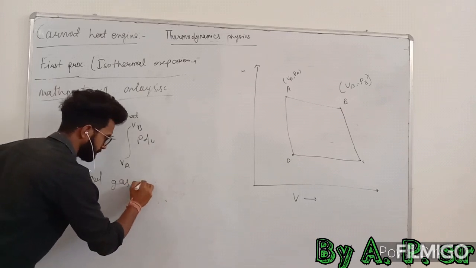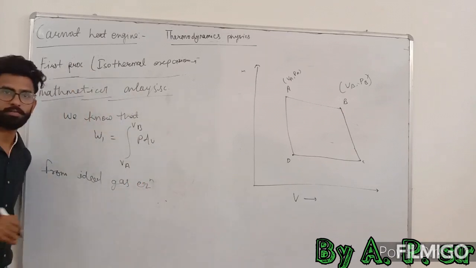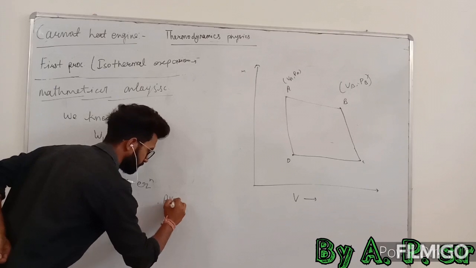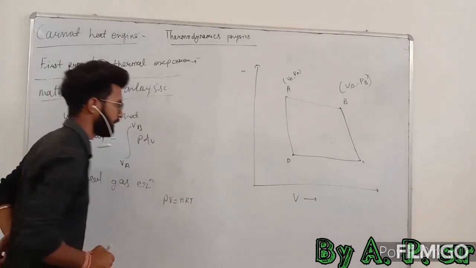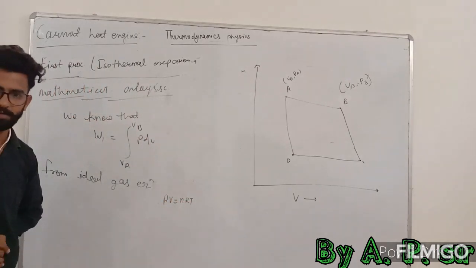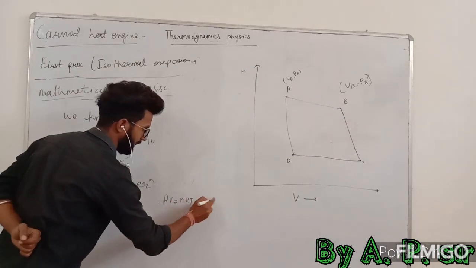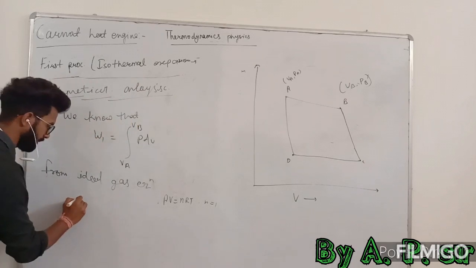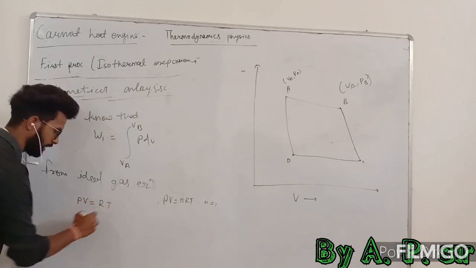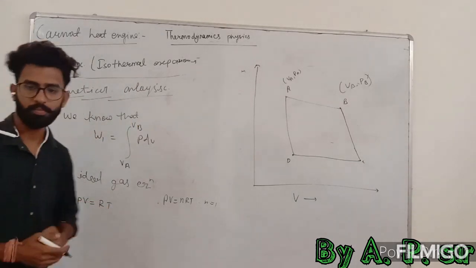Next, from the ideal gas equation, PV equals nRT. Here n equals 1, so PV equals RT.